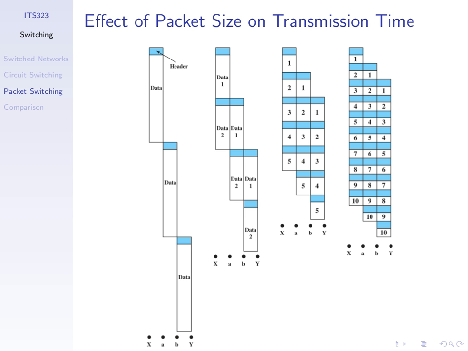If the time to transmit the data is 1,000 time units, and header is 100, if we start at time 0, what is this time? The time at which we've finished transmitting the first packet.